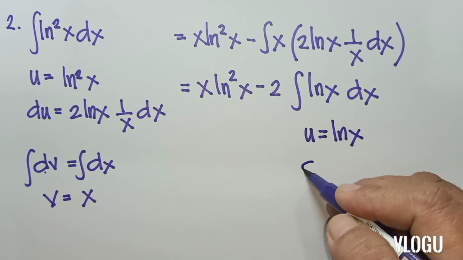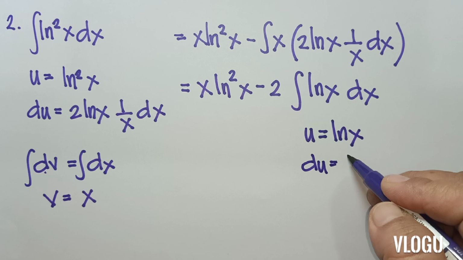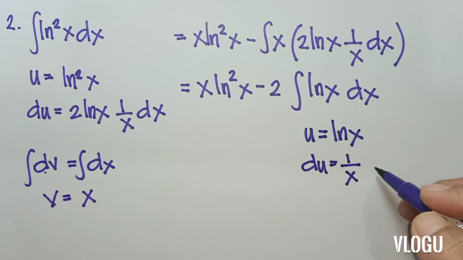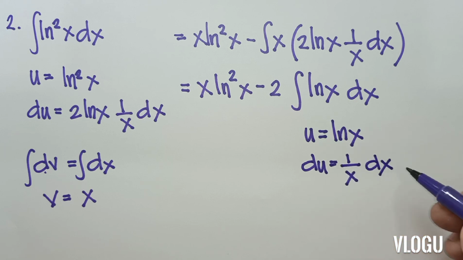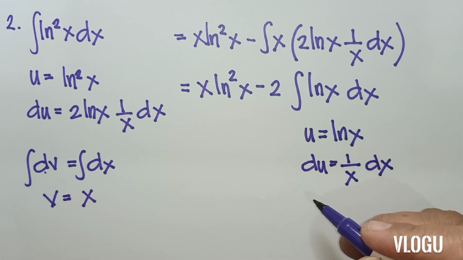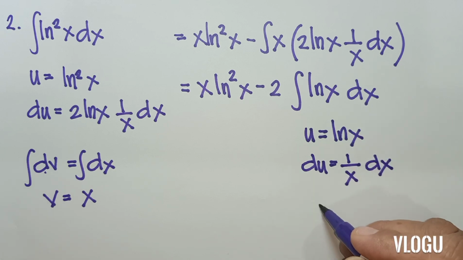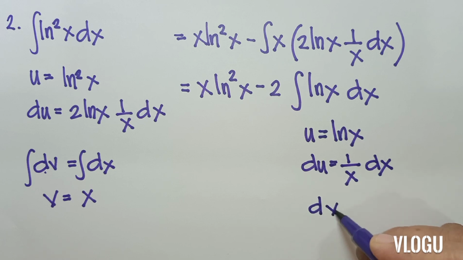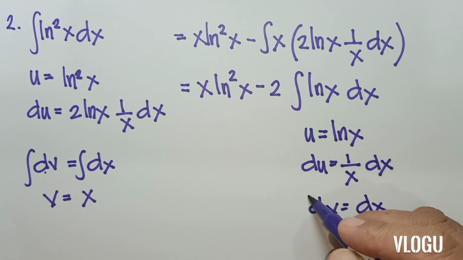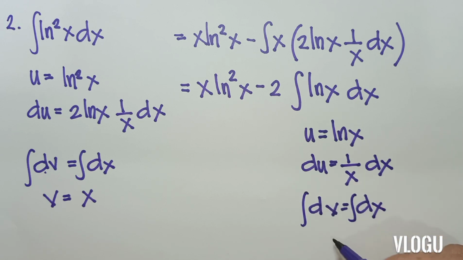Our du, the derivative of ln x, is 1 over x dx. And our dv is equal to dx. Integrating both sides, the integral of dv is v, and the integral of dx is x.